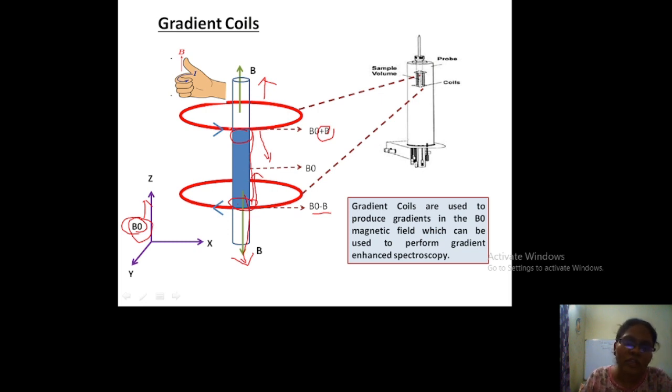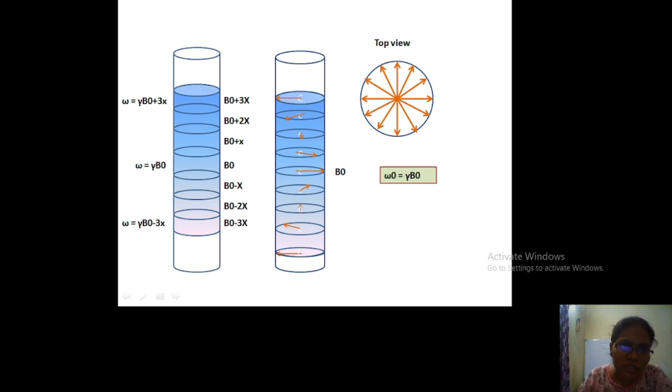Now, if you think of this whole sample, you can think of it as a series of small chunks or slices, and the molecules in each slice will experience a different magnetic field. At the center, the magnetic field was B naught, but as you move up, the effect of the positive magnetic field increases.